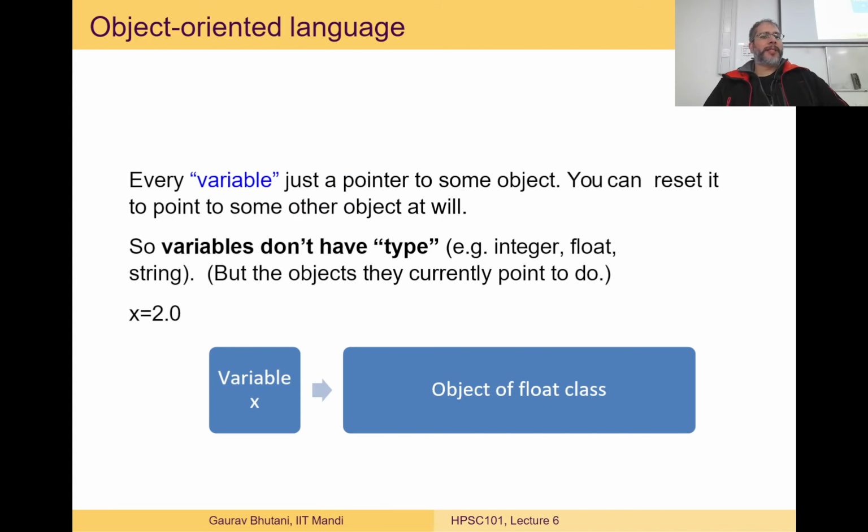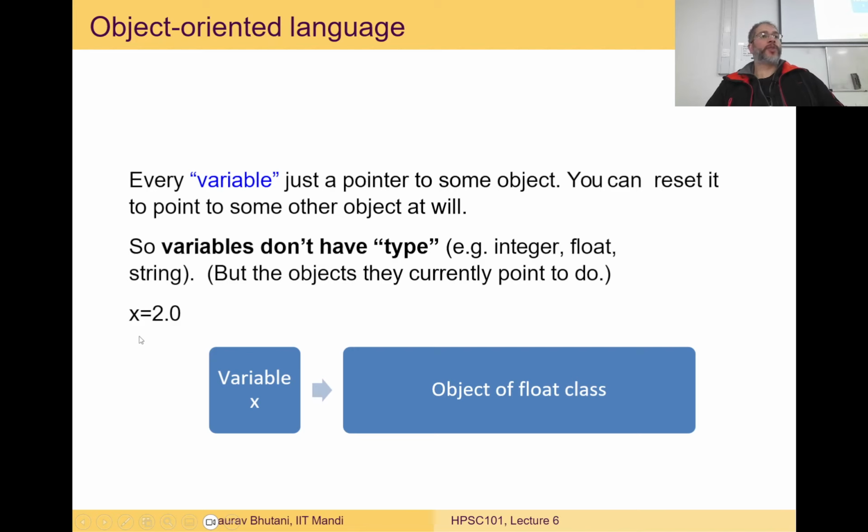Why are we talking about these things? It is because they are important for certain aspects that we'll be talking about today. When you create new variables in Python, we have been creating variables, right? We say x = 2.0, for example. So what happens in that case? The variable x that we're talking about is actually a variable that is pointing to an object of some class.